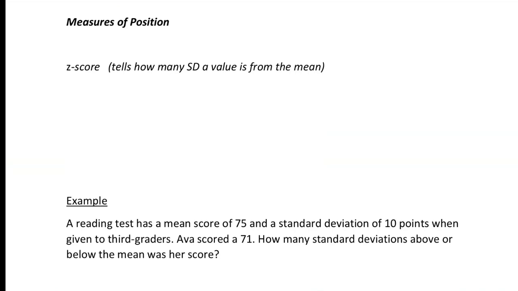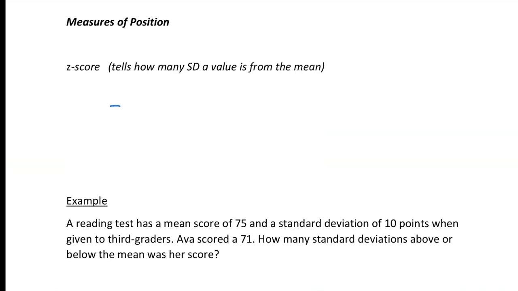So z-score is another fairly big idea in elementary statistics. When we talk about a z-score, it tells how many standard deviations a value is from the mean. So it talks about position in terms of standard deviations.